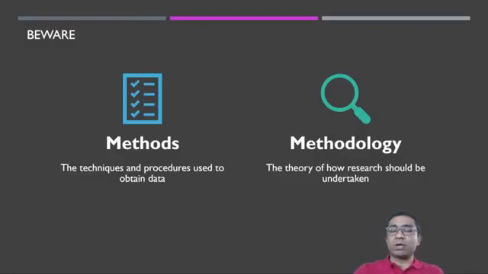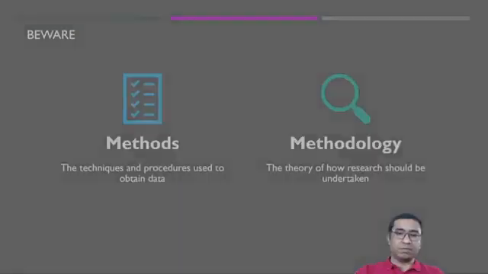Okay, so that is called methods. So methods and methodology are entirely different, so don't mix these two terms. This subject is basically research methodology, and we are going to learn about the research process from A to Z, while the method or research design deals with the data collection and analysis procedure.